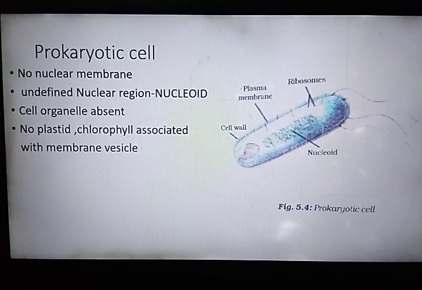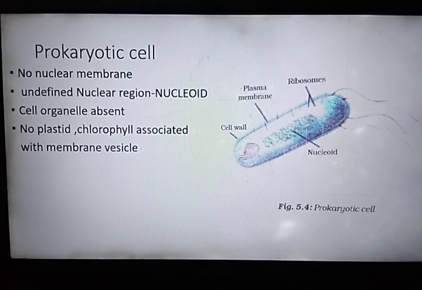Even in photosynthetic bacteria or other photosynthetic prokaryotic cells, they don't have chloroplast. Chloroplast is a type of plastid in which chlorophyll is present. So, in these photosynthetic prokaryotic cells, chlorophyll is associated with membrane vesicles.